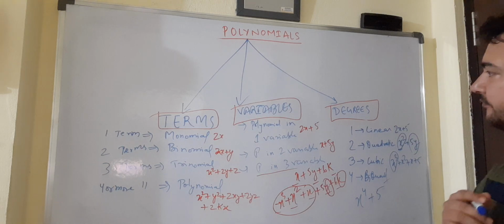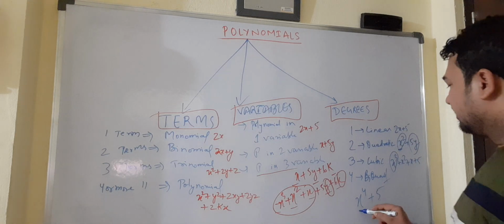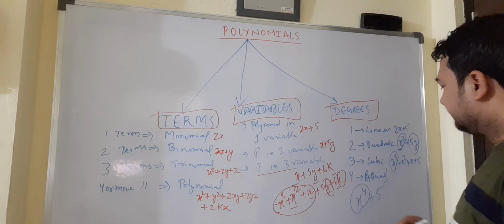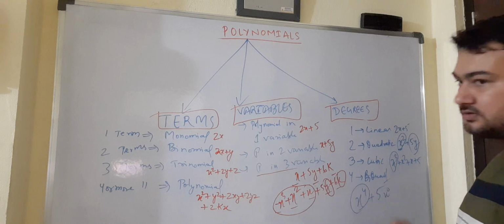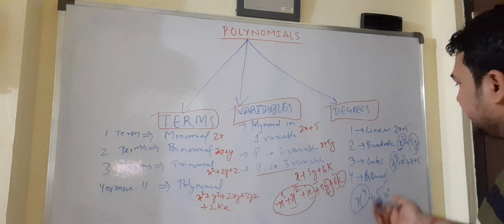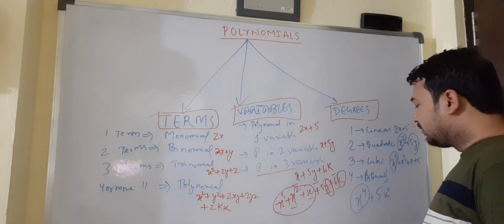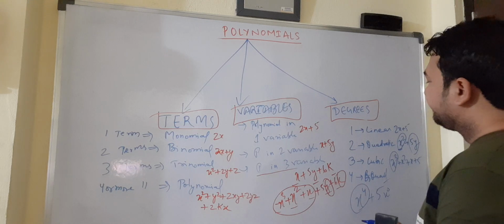This is also a polynomial. The variable has a power of 4. So highest power of variable is 4. So therefore this is a biquadratic polynomial.